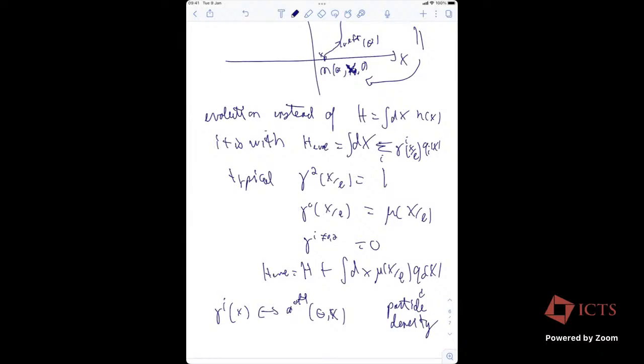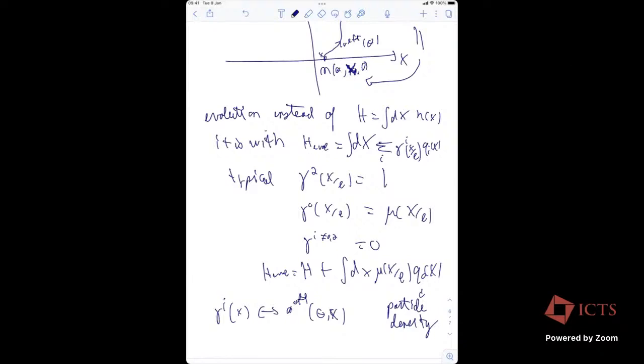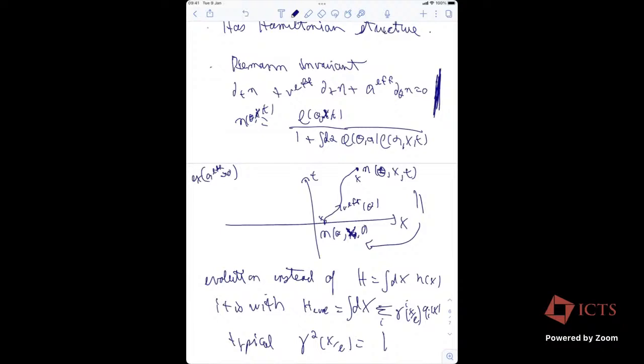Let's say if we go back to the equation with A effective, without the effective term, it has some conserved quantities. With the effective terms, does it have the same set of conserved quantities or more?